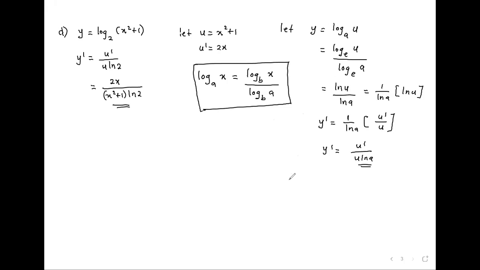If you want to change log 2 to e, log 2 of x squared plus 1 is going to be log e of x squared plus 1 over log e of 2. But log e is the same as ln, so we have ln of x squared plus 1 over ln 2.